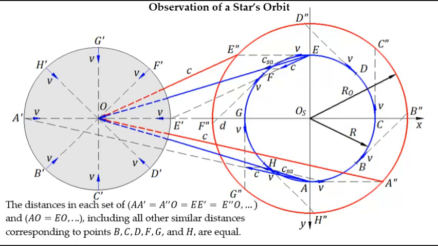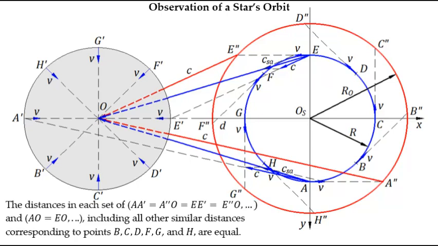The points A, B, C, D, E, F, G, and H give the corresponding points A second, B second, C second, D second, E second, F second, G second, and H second, points which offer in this particular case the observed orbit with the center at OS. The local observer sees the star's orbit rotated.